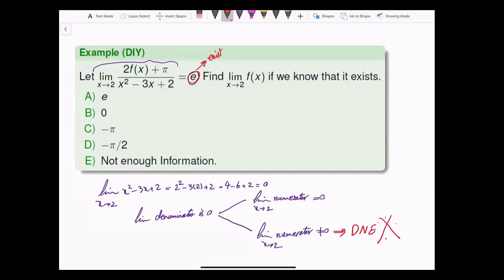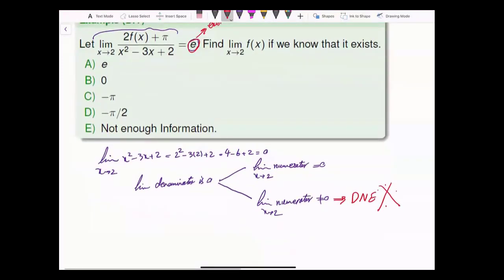What happens here is that definitely the limit of the numerator is also 0. So the limit of 2f of x plus pi as x approaches 2 is equal to 0.